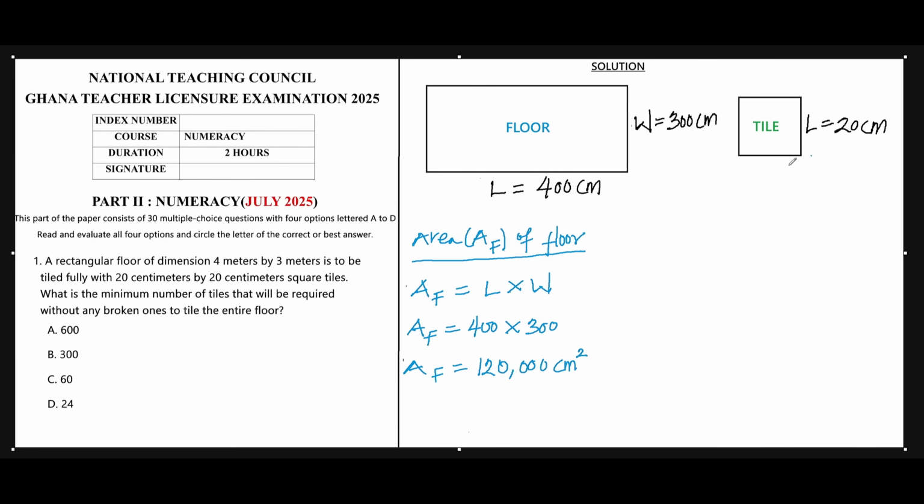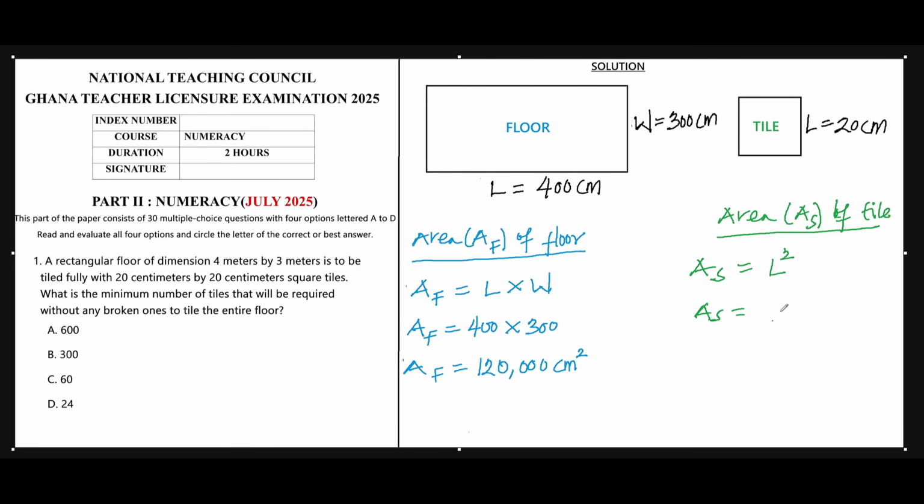Now let's also calculate the area of the square tile. So the area of the square tile, we know that the tile is in the shape of a square, and then the area of a square is given as L squared.